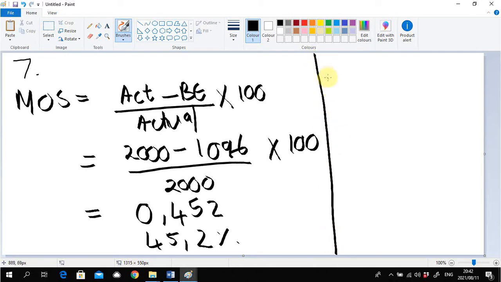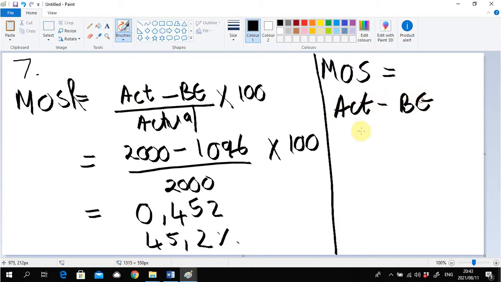If we had to do the margin of safety only, as is required, we will simply say the actual minus the break even. So that would just be the 2,000 minus 1096. That is very easy. So the difference there, let me just check that again, was 904 units.